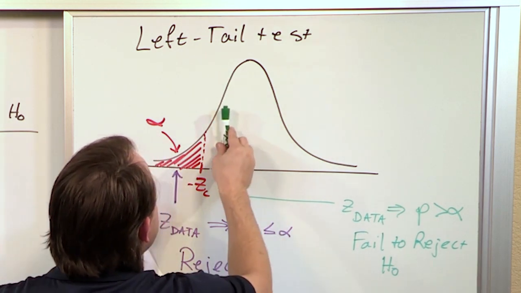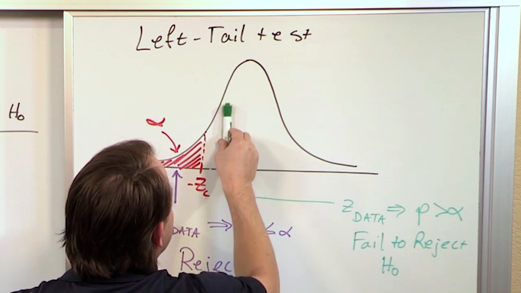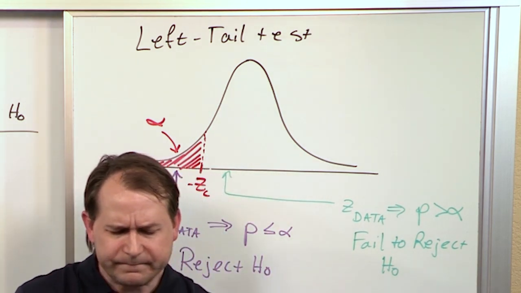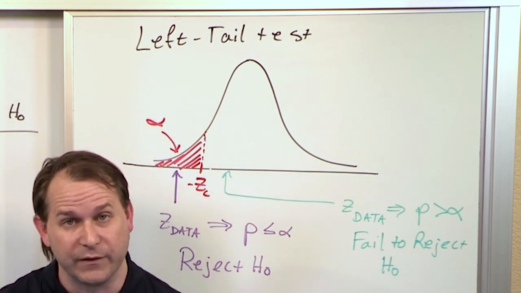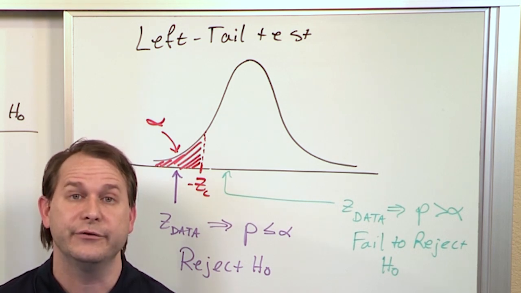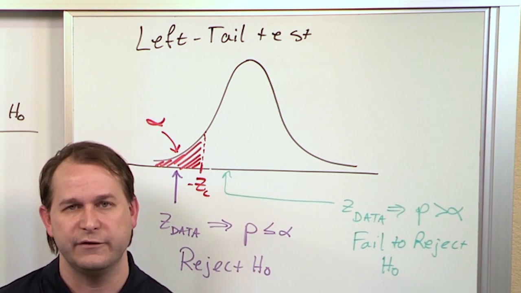If your p-value is bigger than the area that you have in the tail, that means your test data must be outside the rejection window. Okay, so hopefully I've given you some understanding of why p-values do exactly the same thing as rejection regions. There really is no difference between the two concepts.